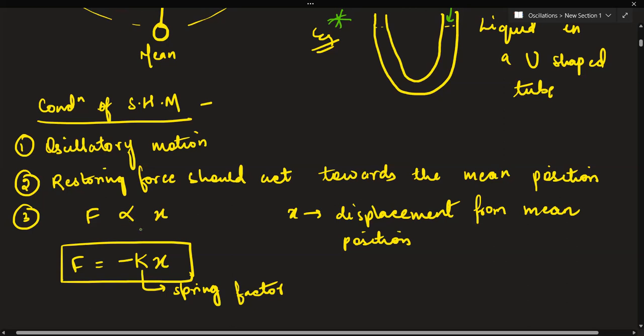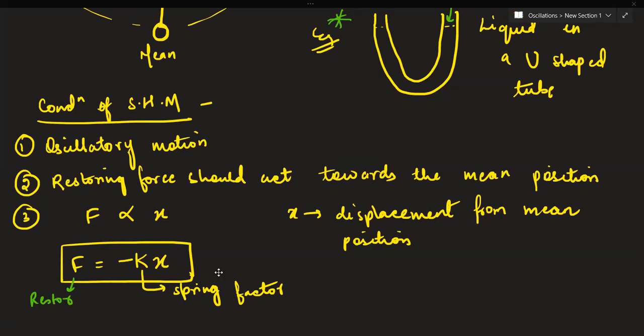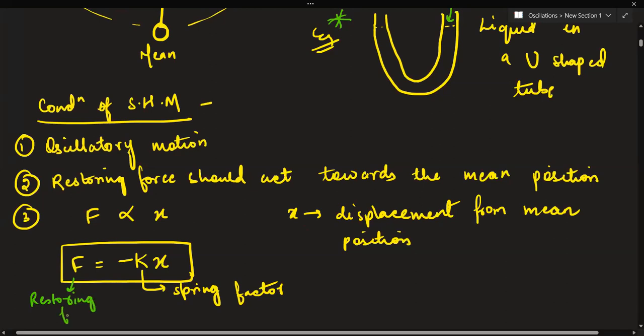And the third point for fulfilling the requirement of SHM is that this restoring force is directly proportional to the extension produced, or the displacement from the mean position, and the constant that we get is known as the spring factor.